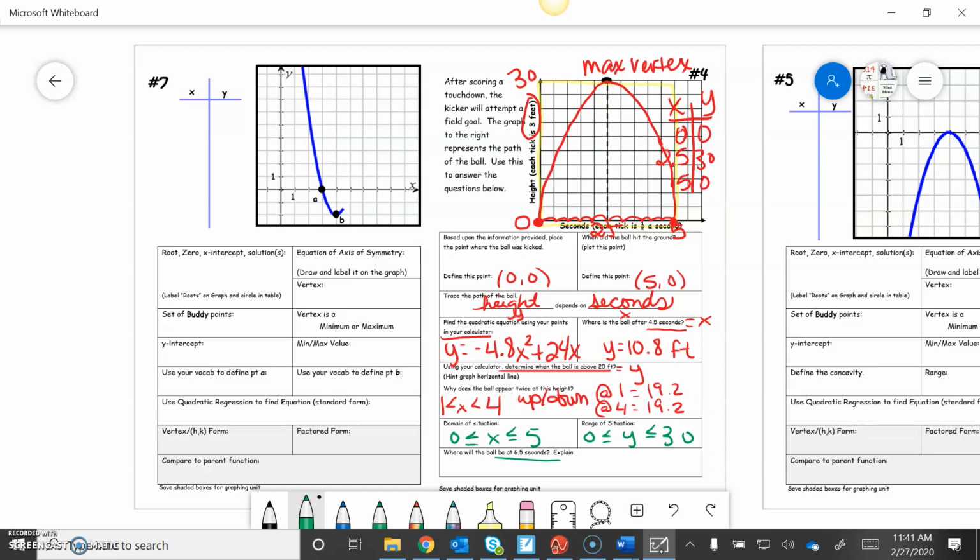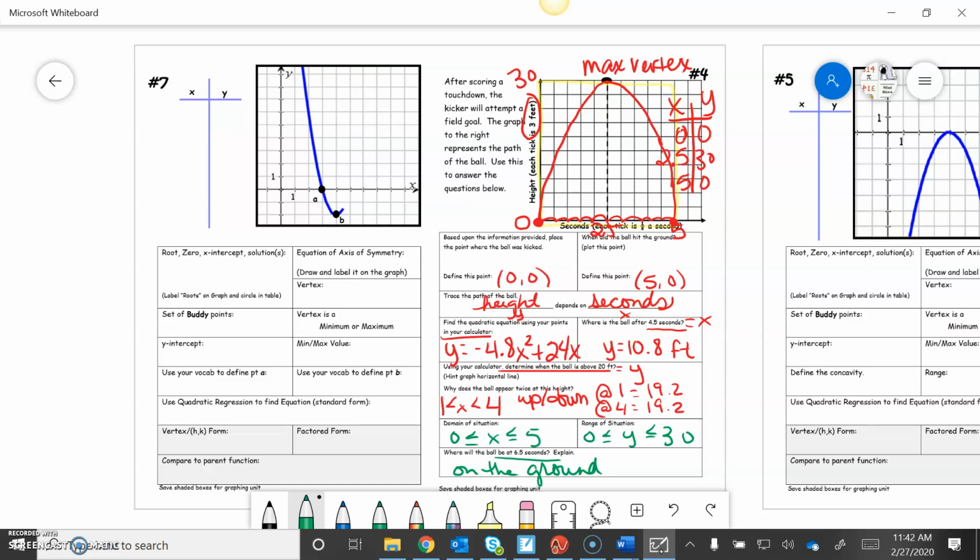Where will the ball be at 6.5 seconds? Well, 6.5 seconds is way over on this far side, so it will be on the ground because it landed at 5 seconds. So unless it fell into a hole, we should be good to go there.